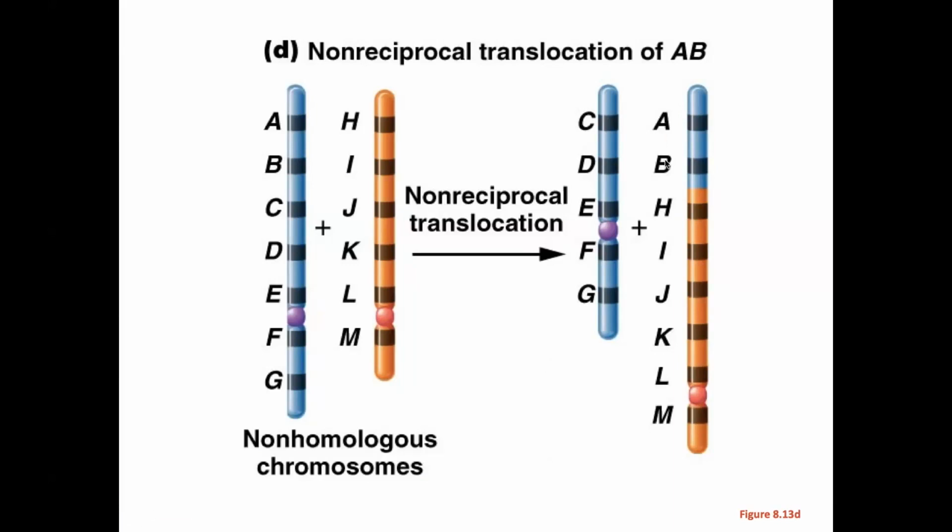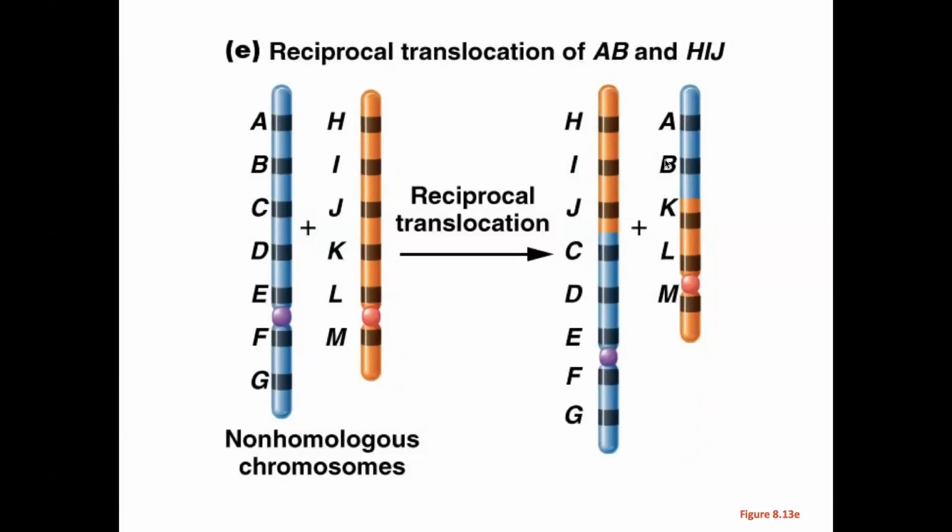And then the reciprocal translocation is where the exchange goes both ways. So here's the two original chromosomes, non-homologous chromosomes within the organism's genome. And here you can see you've reciprocally swapped genetic information between these two non-homologous chromosomes. So now you have two hybrid chromosomes, if you want to look at it that way.